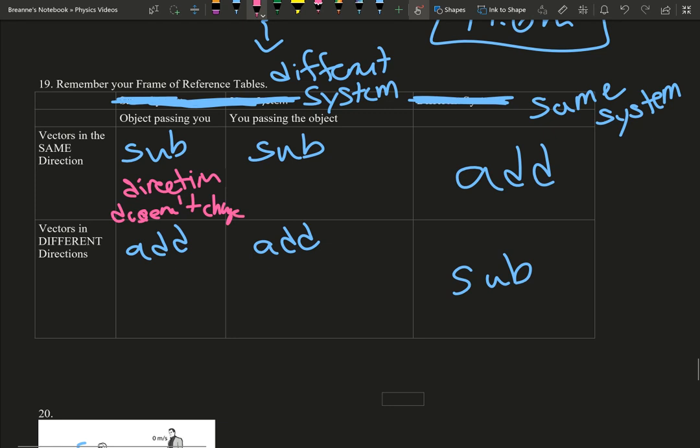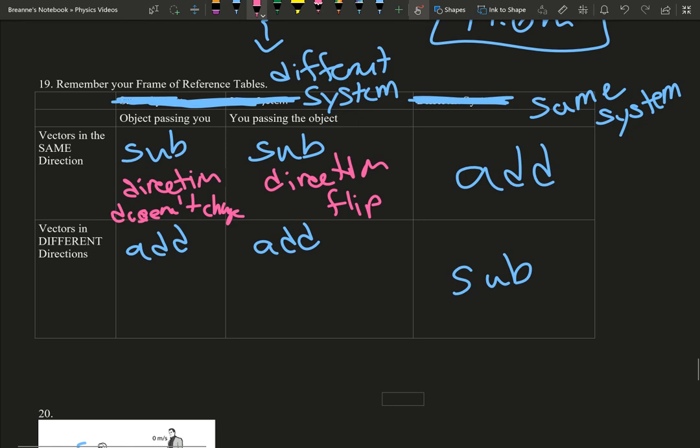If you start passing an object, so again, you're in a car and you pass a car, that object's direction is going to flip. So if the object is heading east and you start passing it, it seems like the object's going west because you're pulling away from it. And with these two, the direction just stays whatever that object's going.